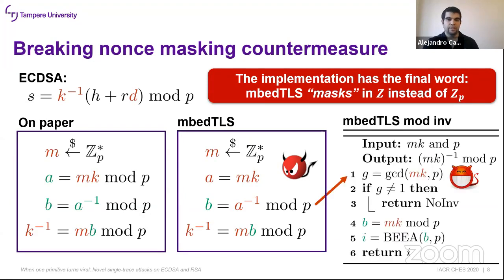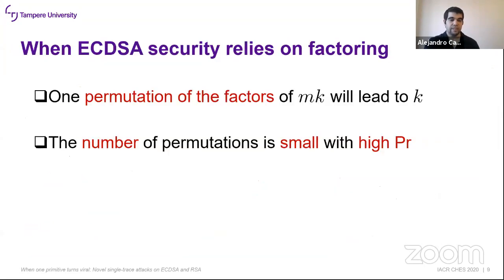When it is inverted, in the MbedTLS modular inversion primitive, especially when the binary GCD primitive is called, a side channel attacker could recover information on K from the product. One permutation of the factors of MK will lead to K, and the number of permutations is small with very high probability according to number theory results.